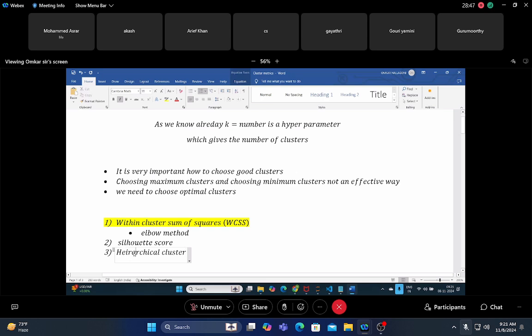So both cases will work. So three things: within cluster sum of squares.